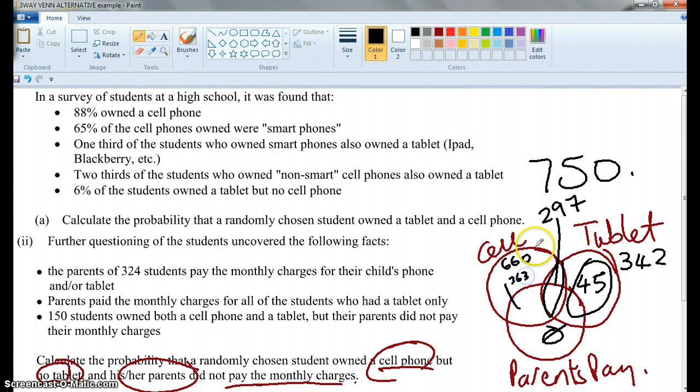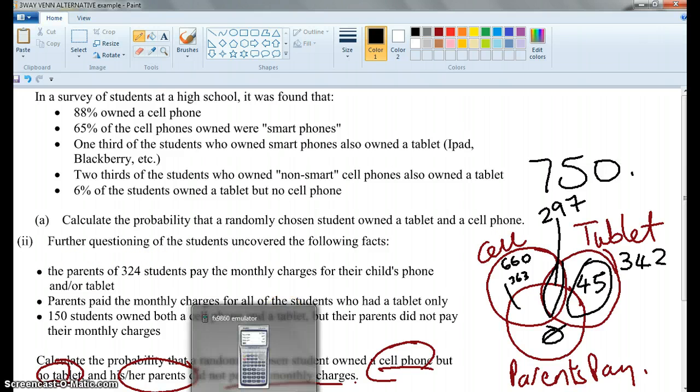So it's all very messy if you ask me. Have we got all this information in there? 6% of students owned a tablet and no cell phone. Oh, that was our 45. Okay. The parents of 324 students pay the monthly charges. So we know the amount that they don't, how many students actually have.